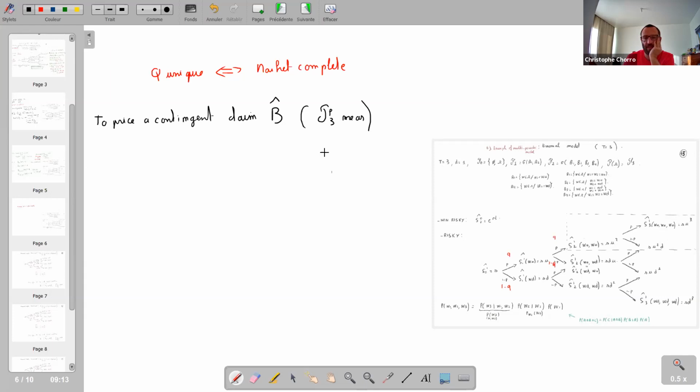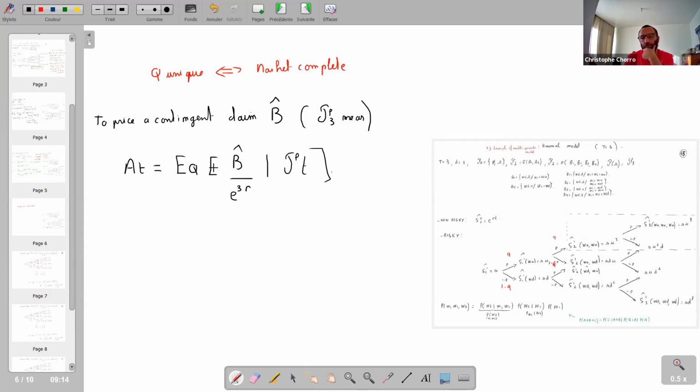The actualized arbitrage free price process is given by the expectation under Q of my actualized payoff, that is B_T over exponential 3R, given F_t. So I have this conditional expectation to compute.